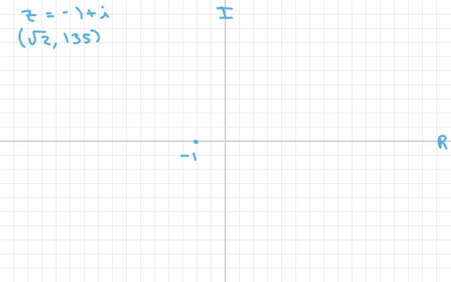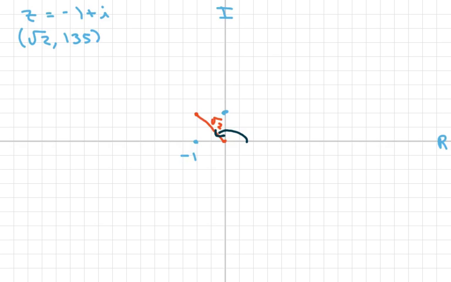Your imaginary part was 1. And we're going to go to 135, which is right about here. The length from the pole to this is square root of 2. And then your angle here is like this.